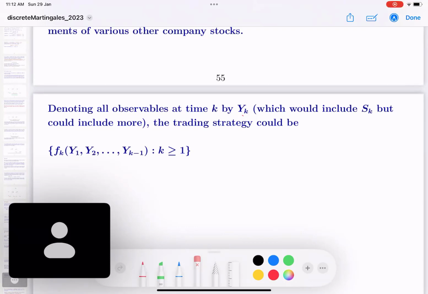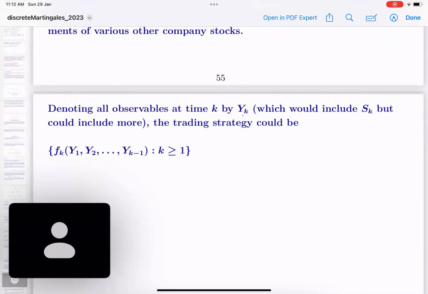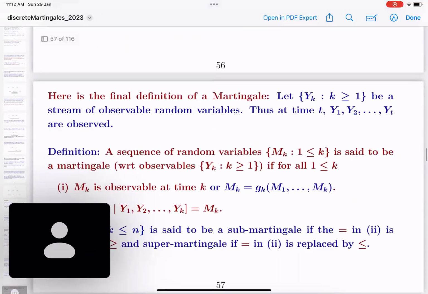And the thing would be, as long as the stock market is a martingale with respect to these observables. So here is our final definition of martingales. Let yk be a stream of observable random variables.